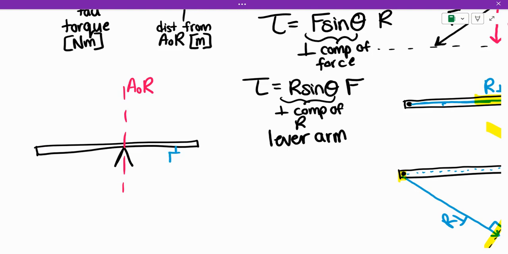So if I have a mass on this side, that is going to apply a force downwards on this balance beam. That force is going to cause this balance beam to rotate this way, right? And we call that direction of rotation clockwise, right?